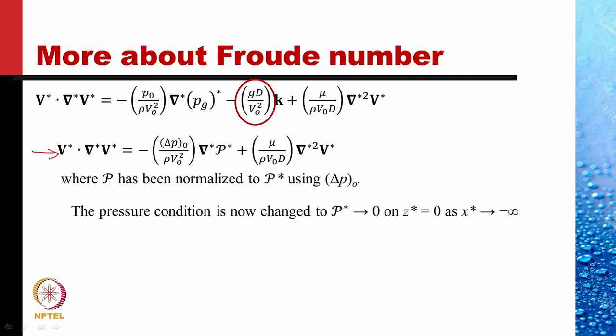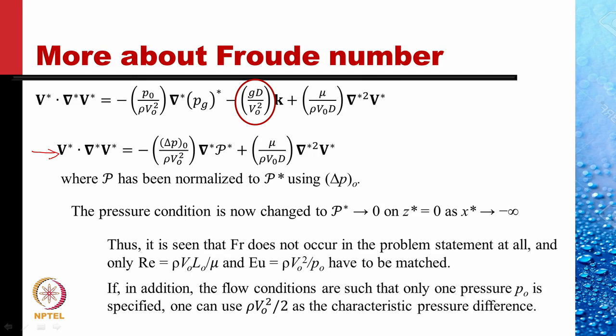The pressure condition is now changed to P star tends to 0 as Z star is equal to 0 as X star tends to minus infinity. Thus it is seen that the Froude number does not appear in the problem statement at all, and only the Reynolds number and Euler number have to be matched.